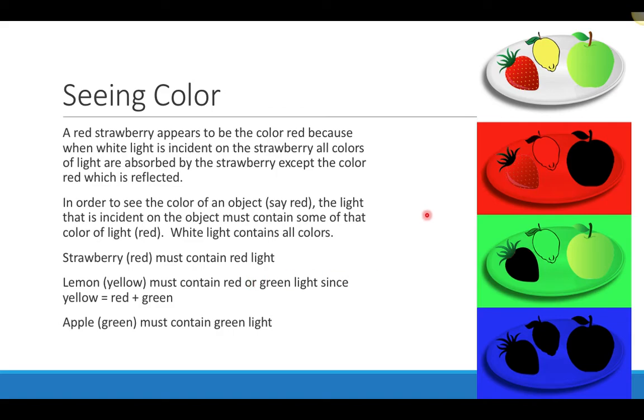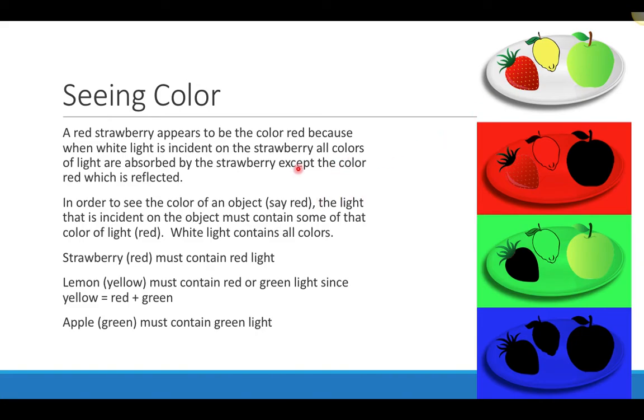So in terms of seeing color, one thing that's always a challenge is understanding exactly what would happen when we shine light on objects. So in this particular picture, I have a red strawberry, a yellow lemon, and a green apple.